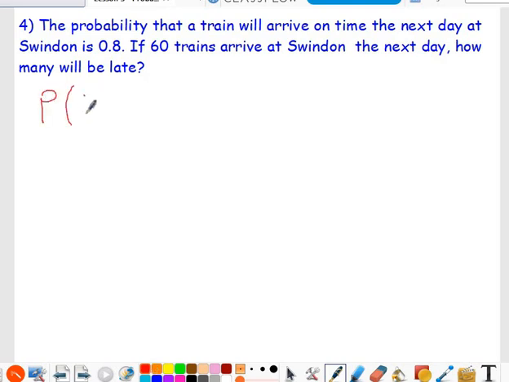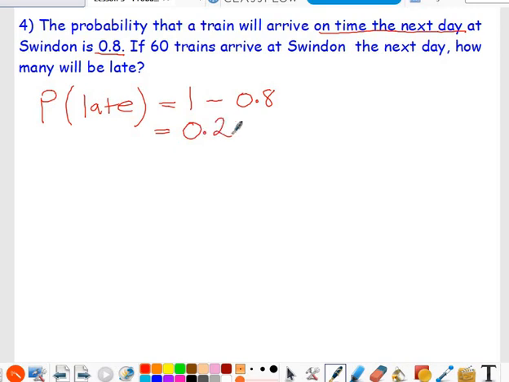Okay, so P late is the same as the probability of it not being on time. Well, we know for it to arrive on time the next day, it's 0.8. And we know that all probability adds up to 1. So the probability of it being late is going to be 1 minus 0.8, which equals 0.2.